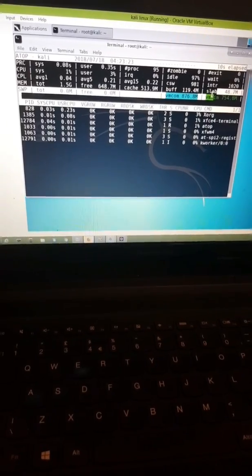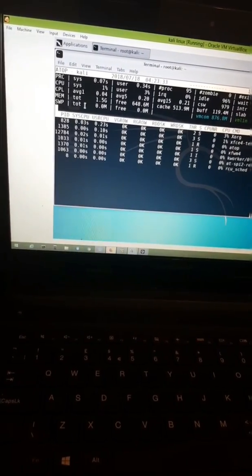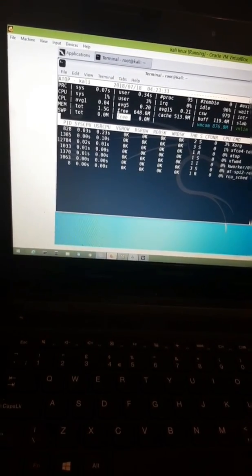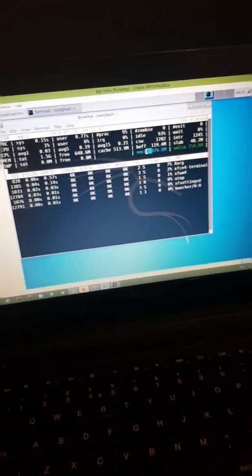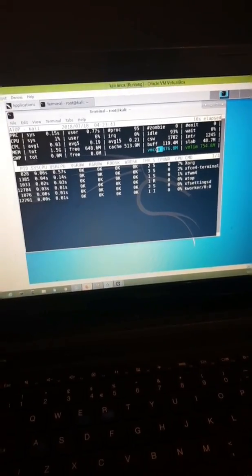Then SLAB means the amount of memory used by the kernel. Then there's also swap. It contains the amount of swap space on the disk. Here is the total amount of swap space. Here is the free swap space. VMCOM means the committed virtual space, and VMLIM means the maximum limit.